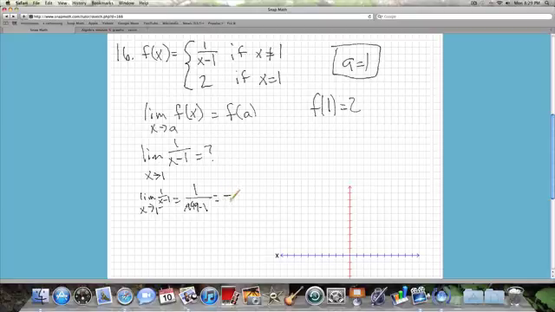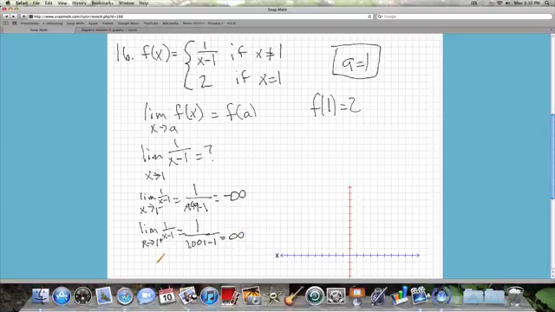So this is actually going to negative infinity. And then if we look at it from the right side, as 1.001 minus 1, this is going to be a really big number, and it goes off to positive infinity.